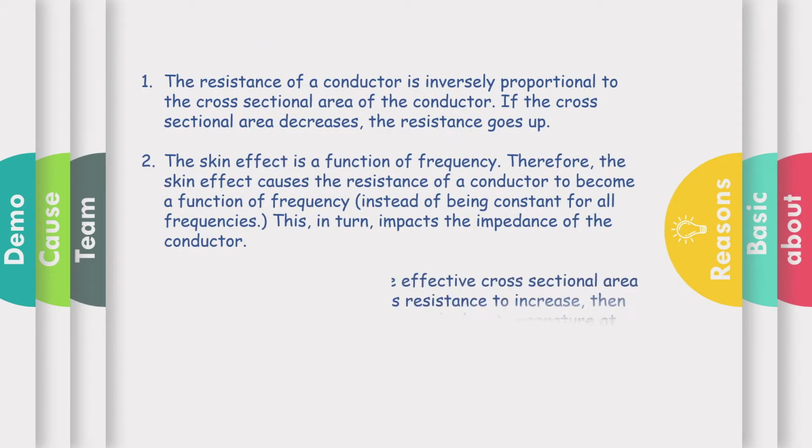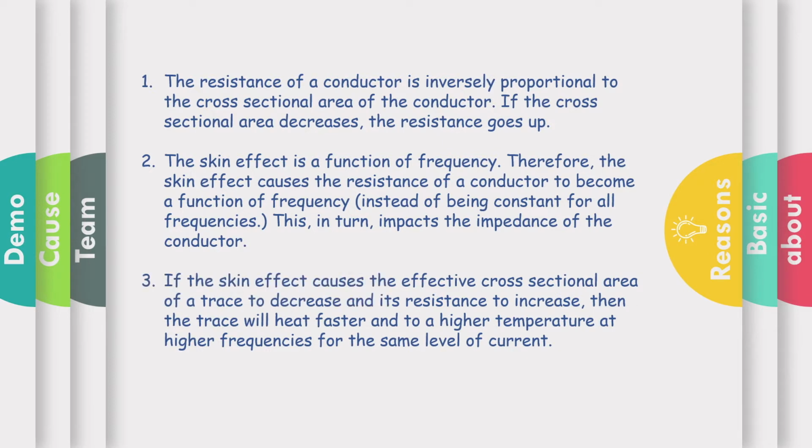So there are three possible reasons we can think about for skin effect. The first one is the inverse relationship between the resistance of a conductor and the cross-sectional area. The second one is that the skin effect can cause the resistance to become a function of frequency.